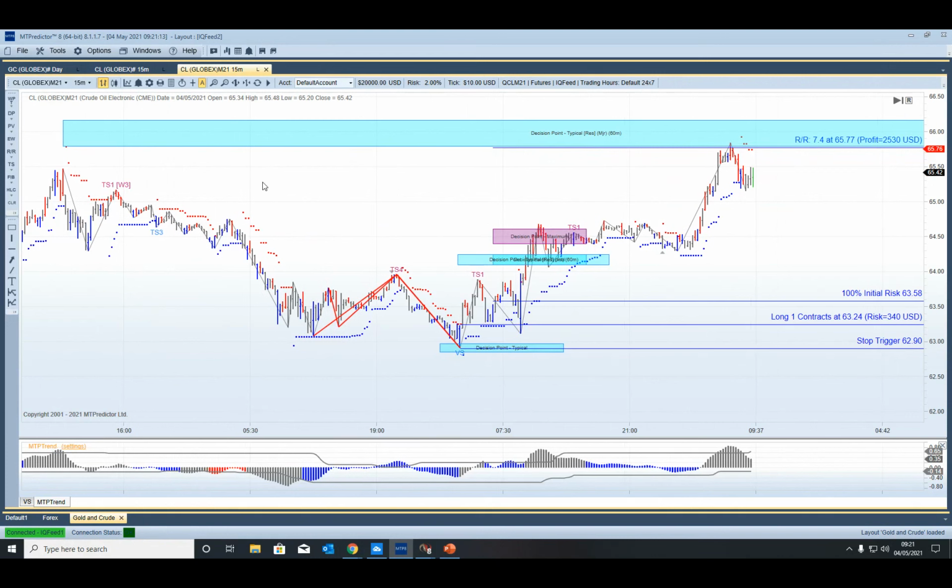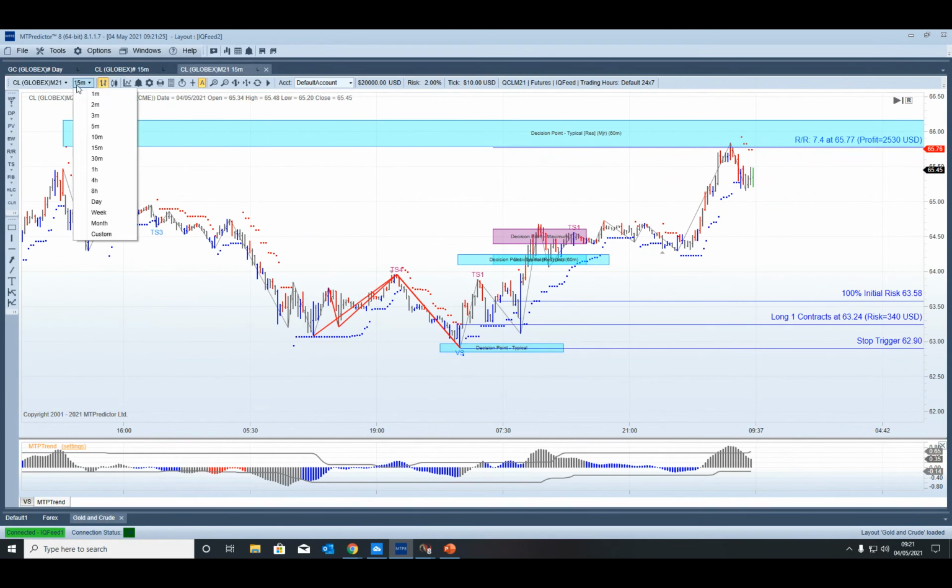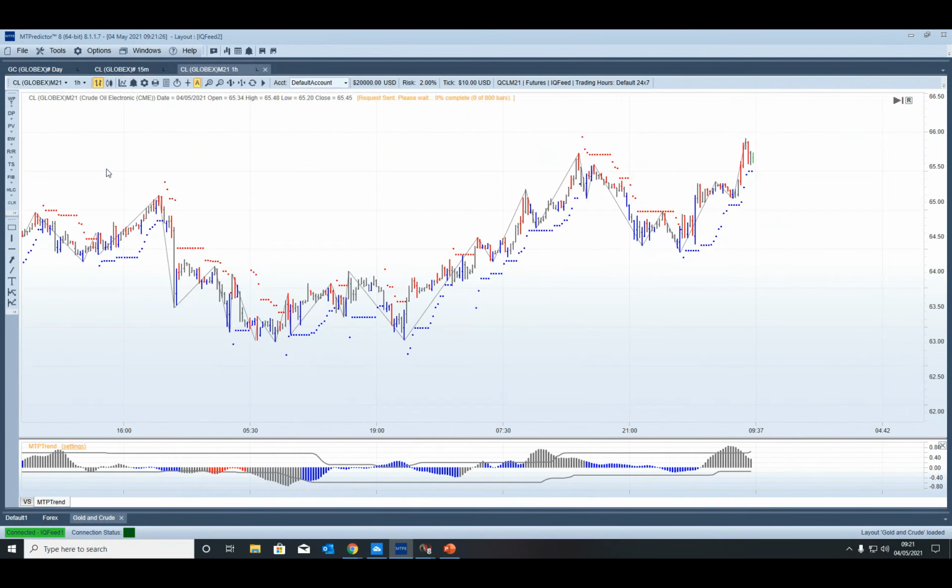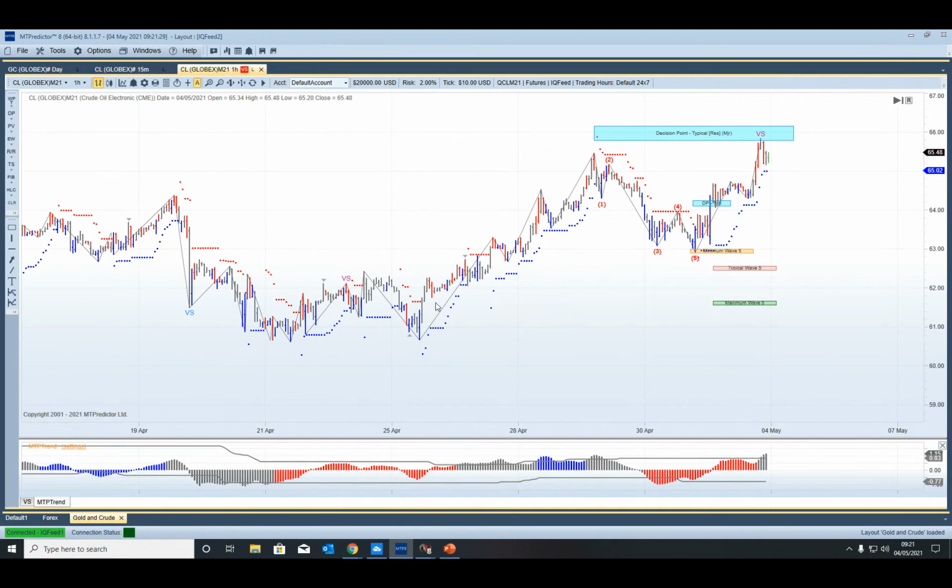But of course, it would be lovely if the markets did this the whole time, wouldn't it? It would be absolutely beautiful if you had the markets doing perfect patterns the whole time. They don't. And that's why so many people struggle, because before this, the markets are a bit random. I'm guessing after this, the markets might be random as well.